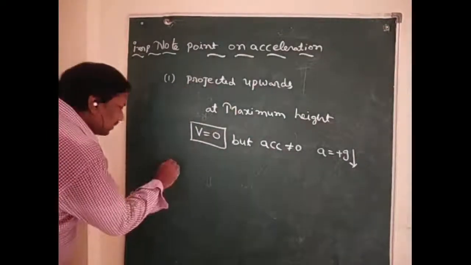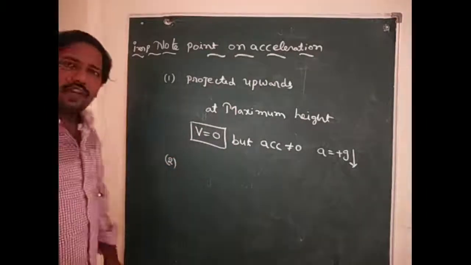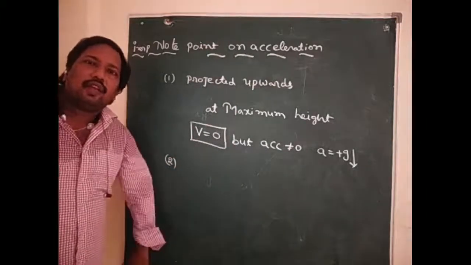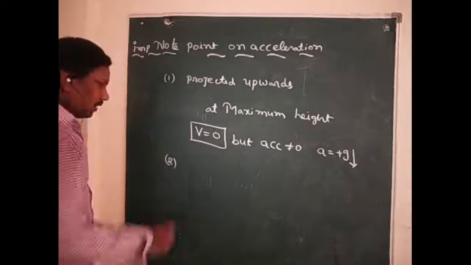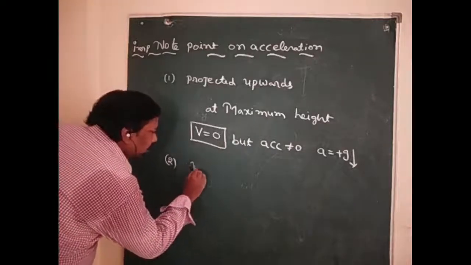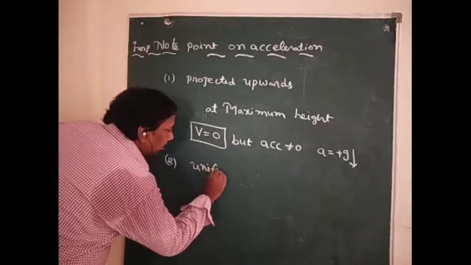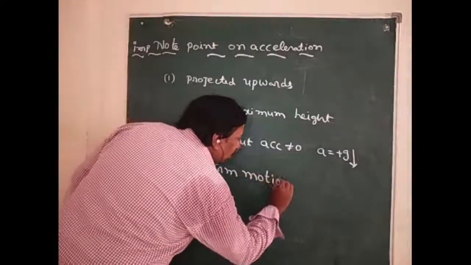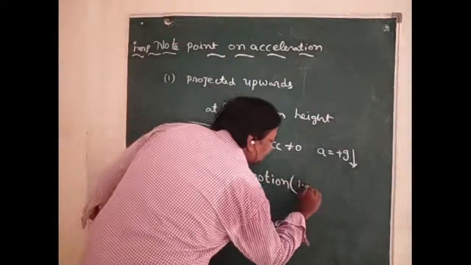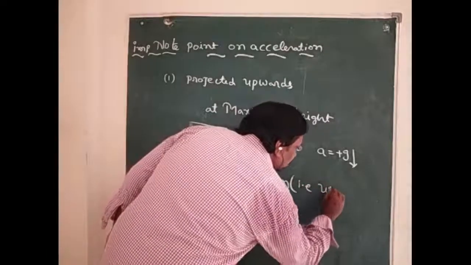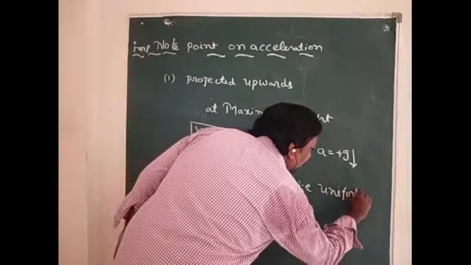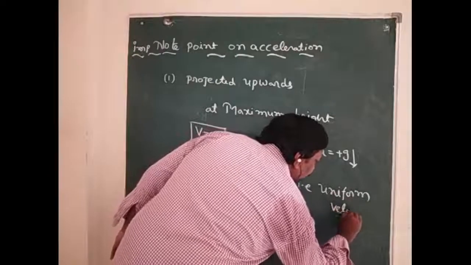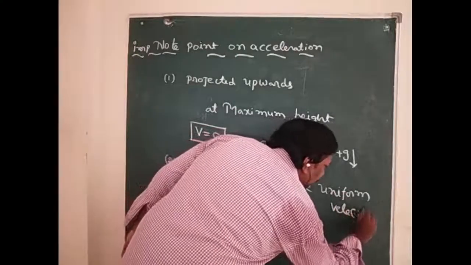Second one is, when a body is moving in uniform motion. Uniform motion means uniform velocity.